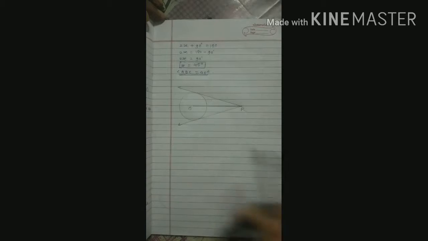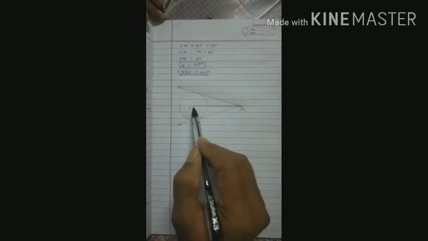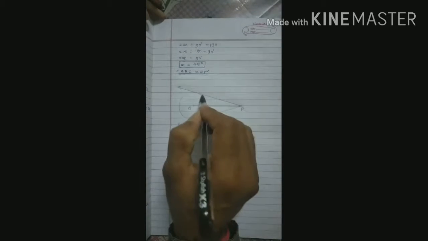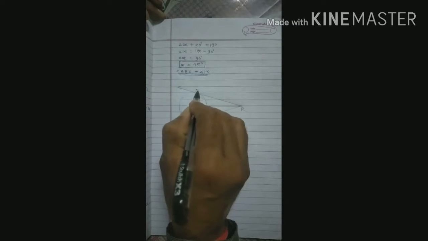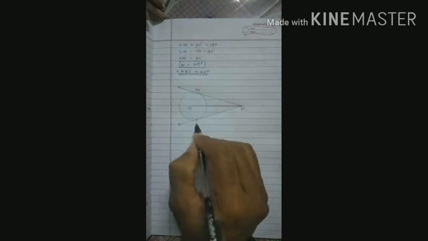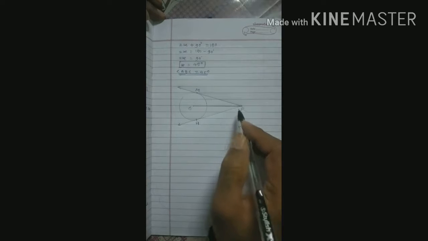Now listen here. This is the center of the circle O, and this point R is the exterior point of the circle. Then for that given point R, 2 tangents are drawn. One is the tangent MR, here also M point, and another one is NR, here also N point.